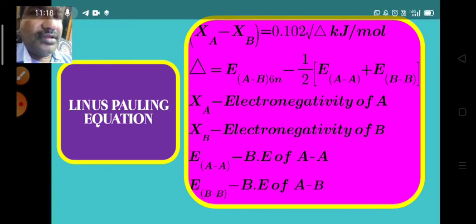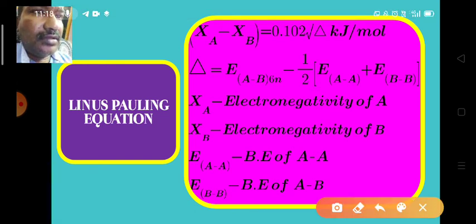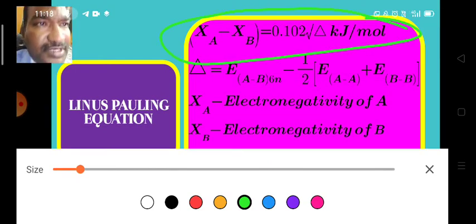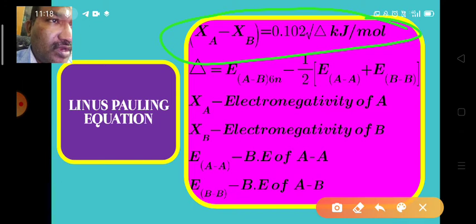Look here: XA minus XB is equal to 0.102 under root of delta. Here XA and XB are the electronegativities of the two elements A and B.